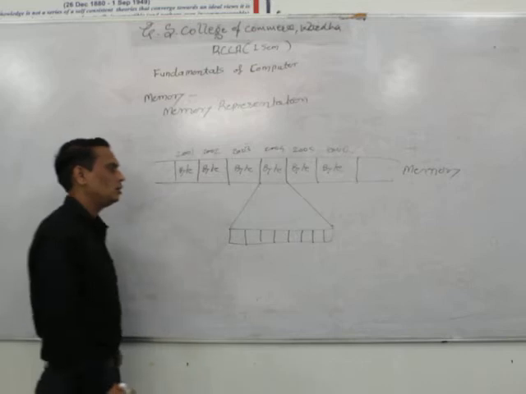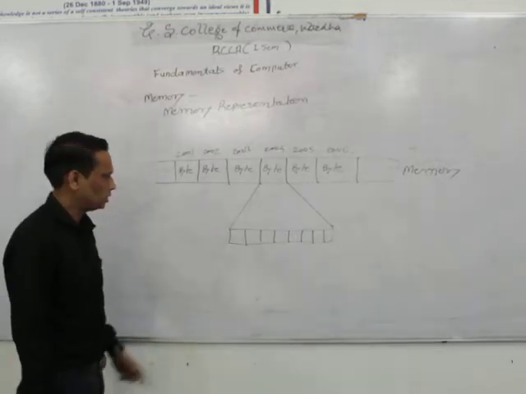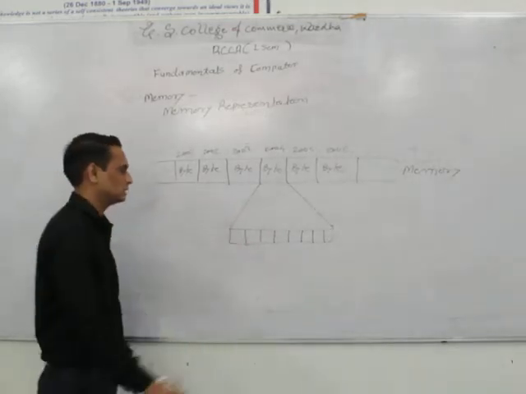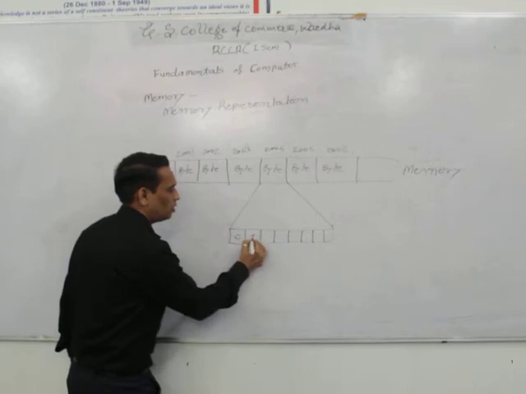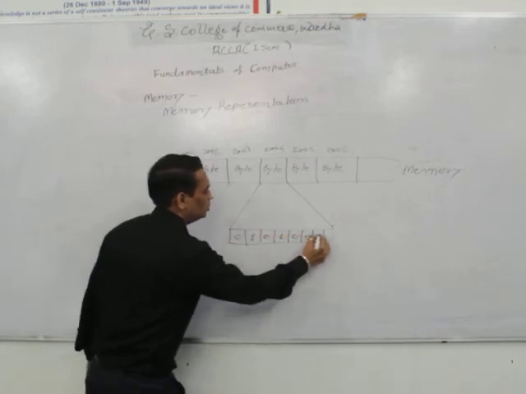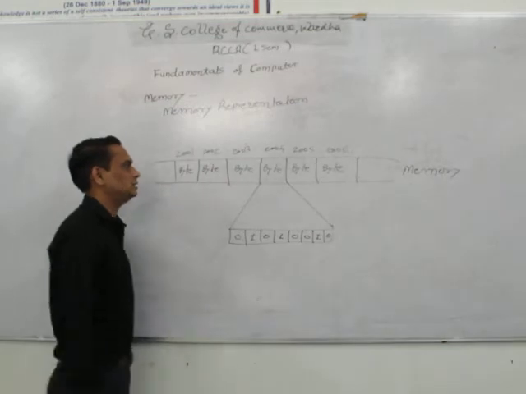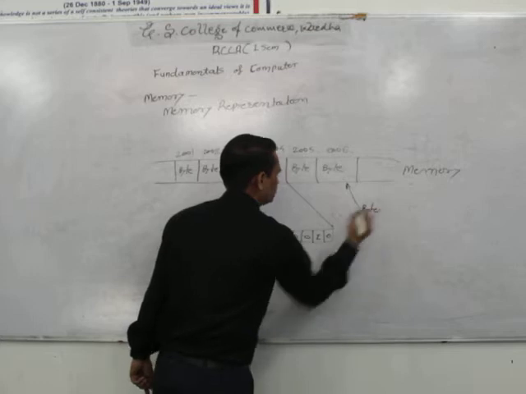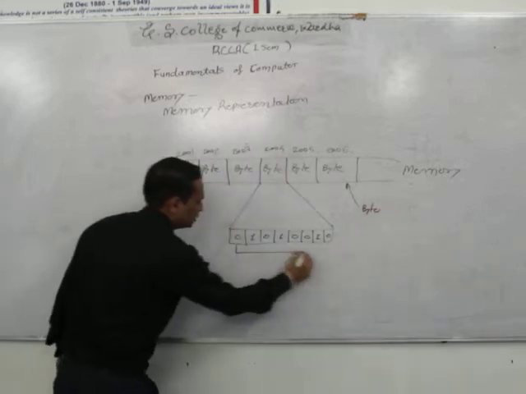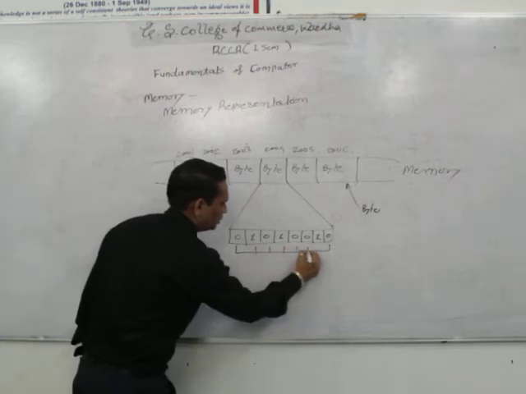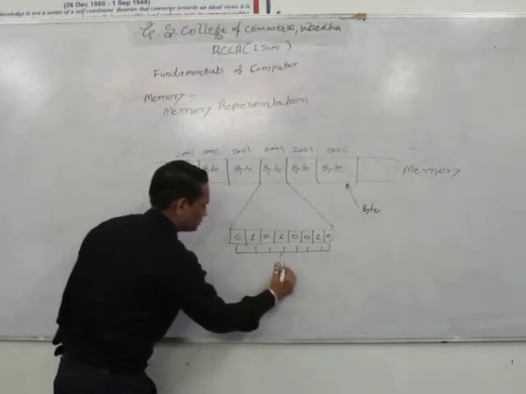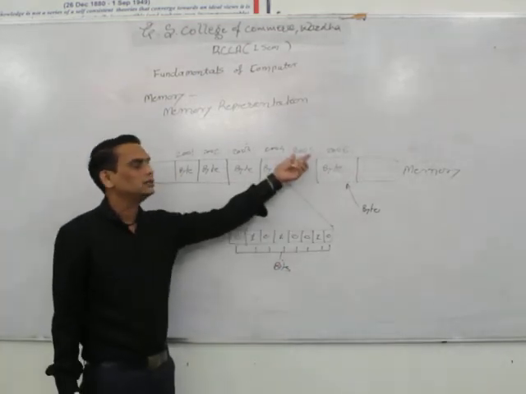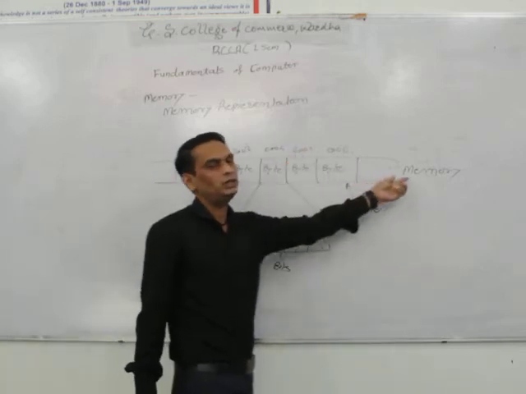And all the data which is available in our computer system will be stored onto these bits in the form of 0 and 1, 0, 0, 1, 0. Means each byte is considered 8 bits. So 8 bits equals 1 byte, and each byte has a specific address in the memory.